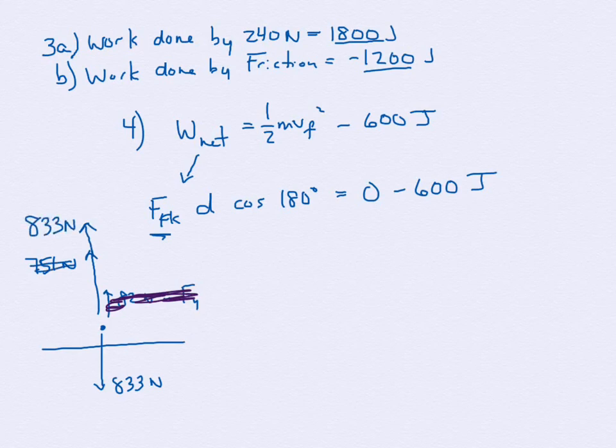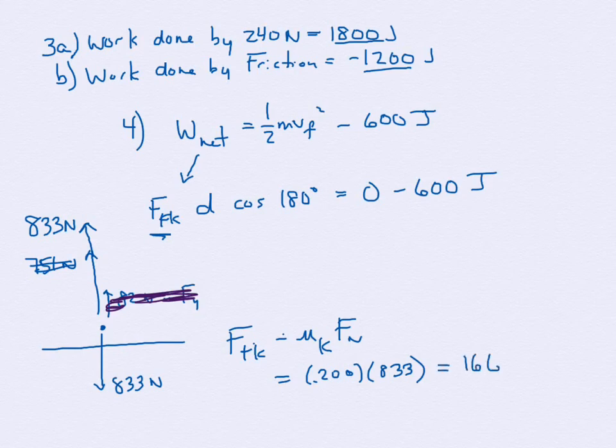And the reason that's important is because that now will affect how much friction there is. So the kinetic friction force equals mu k Fn. And you know mu k is 0.20, and now the normal force is 833, not 751. So that means the friction force is going to be 166 newtons.